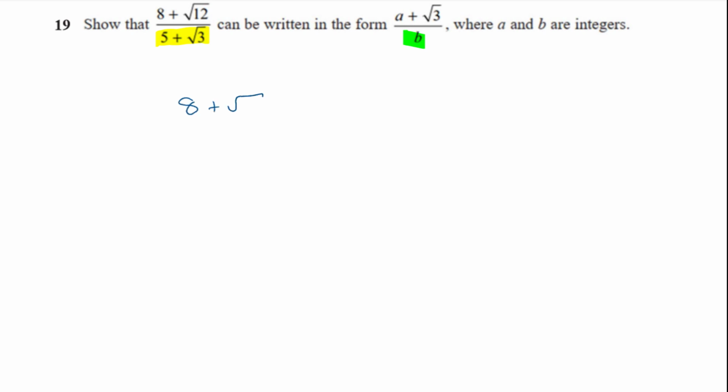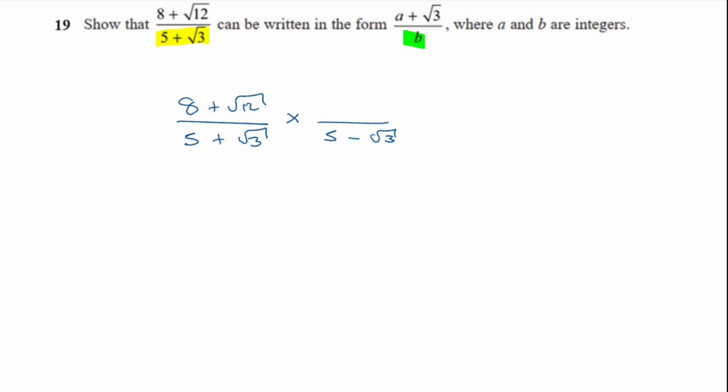I'm gonna take 8 plus root 12 over 5 plus root 3, and I'm gonna try to rationalize the denominator. Now, when you've got a two-part denominator like this, like a number plus a surd, then how you rationalize it is you take the same things, 5 and root 3, but you switch the sign in the middle. So if it's 5 plus root 3, you're going to use 5 minus root 3.